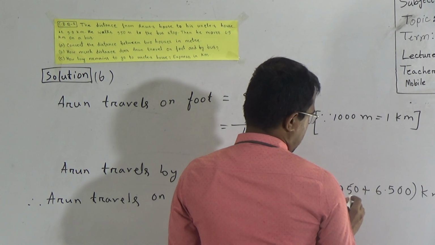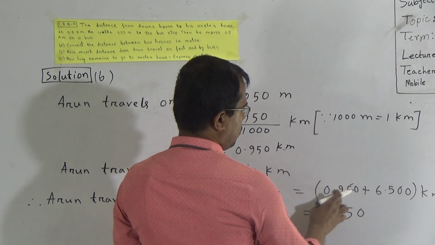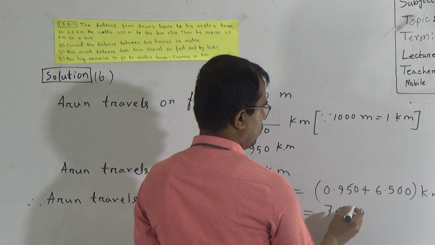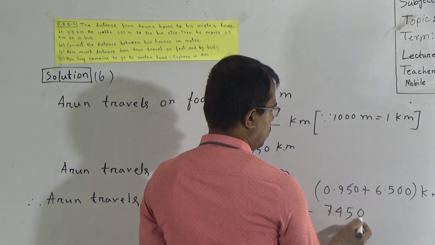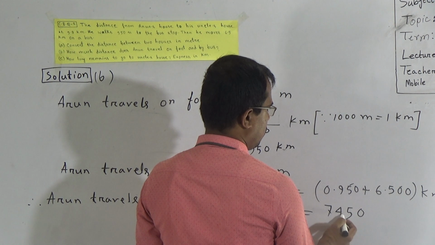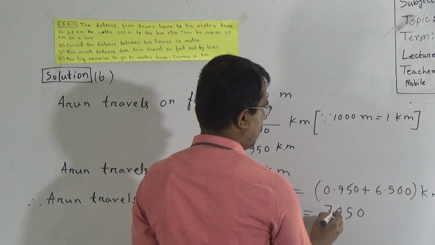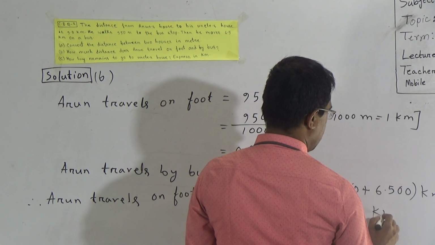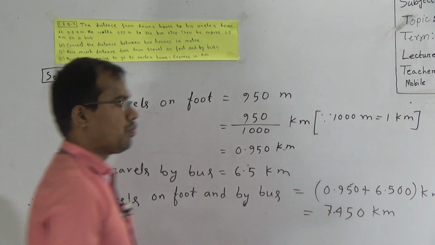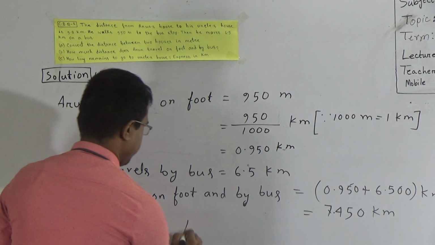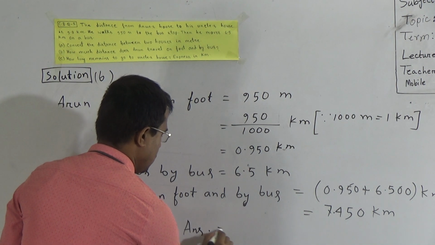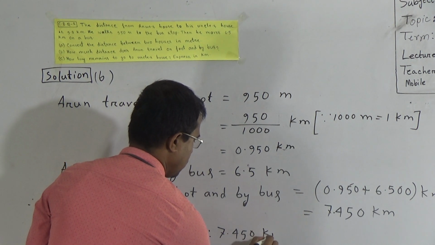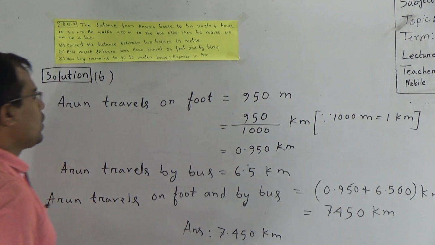Now 3 places before, 1, 2, 3, this is the 1 place digit, so 1, 2, 3, that means in this place we have to give the decimal sign. The answer will be 7.450 kilometer. We have finished B number question.